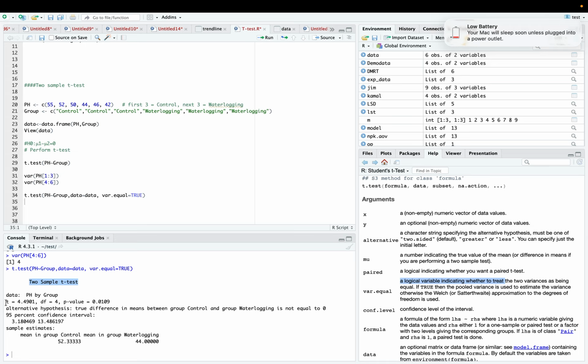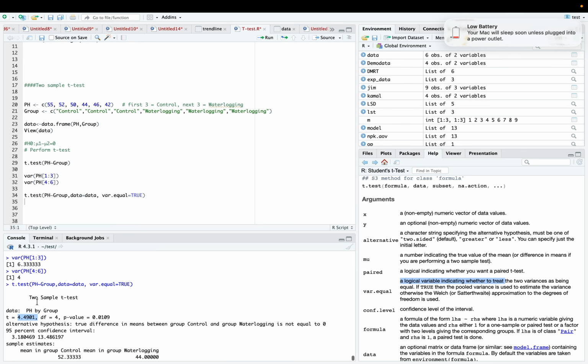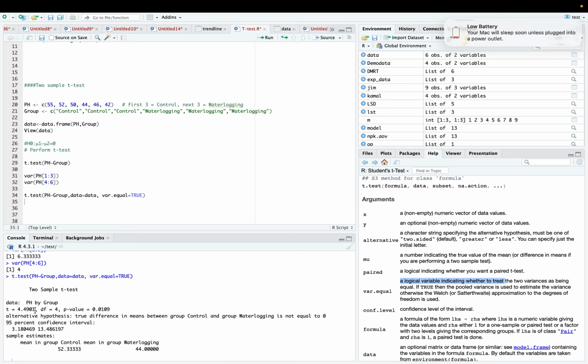Here the p-value is almost similar to the previous one. The degrees of freedom is 4. How is it calculated? In the Student t-test, the degrees of freedom for two samples is n1 plus n2 minus 2. n1 was 3 and n2 was 3, 3 plus 3 is 6, minus 2, that is 4.